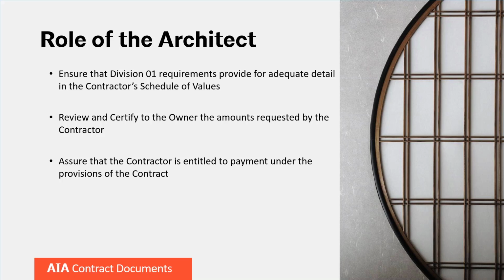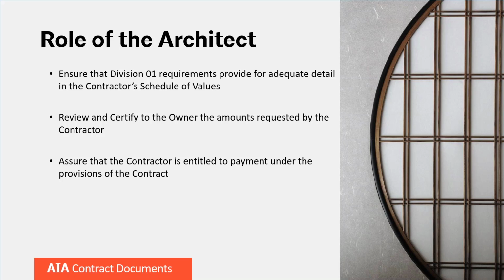That is not the only time that the architect will prepare that information. There will be the agreement between the owner and architect that will contain some payment information with regard to the scope of the architect's responsibilities in the review and certification of payment.